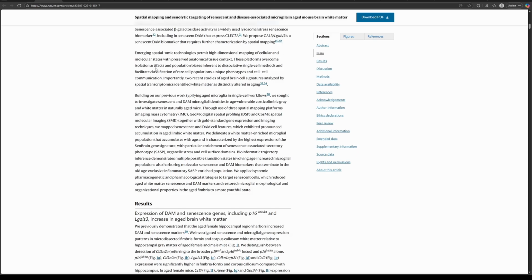These platforms overcome isolation artifacts and population biases inherent to dissociative single-cell methods and facilitate classification of rare cell populations, unique phenotypes and cell-cell communication.